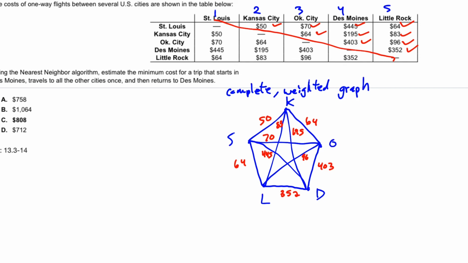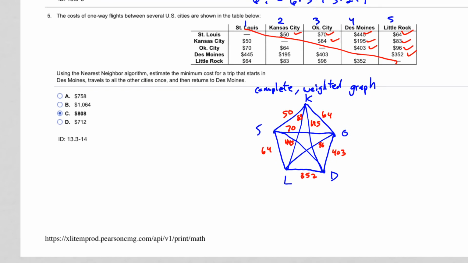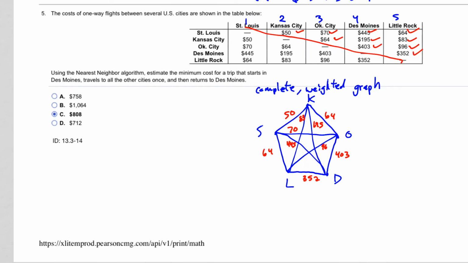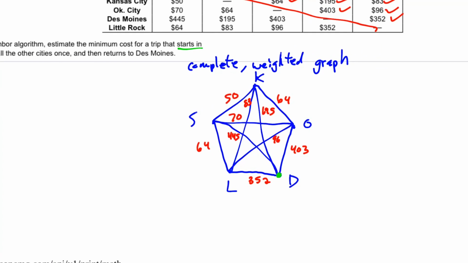Okay, so using the nearest neighbor method, where do we start? It says starts in Des Moines, so that would be D down here. All right, we have 4 options. We're going to pick the cheapest, and the cheapest would be $195 right there.